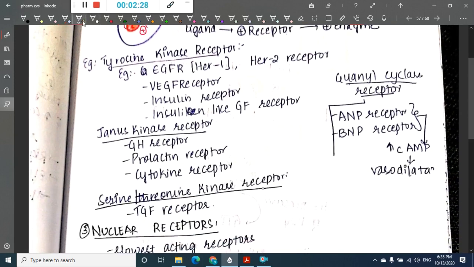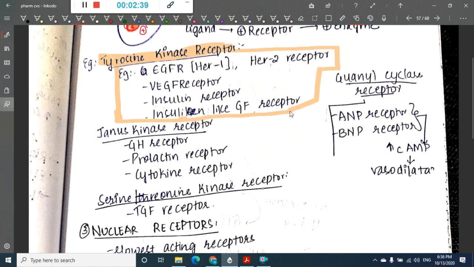First we have tyrosine kinase receptors. The tyrosine kinase receptors are the epidermal growth factor receptor, that is HER1 and HER2 receptor, vascular endothelial growth factor receptor, insulin receptor, and insulin like growth factor receptor. Then we have Janus kinase receptors.